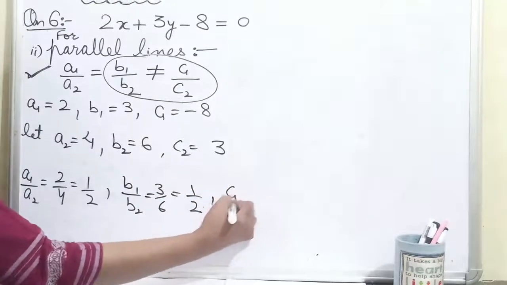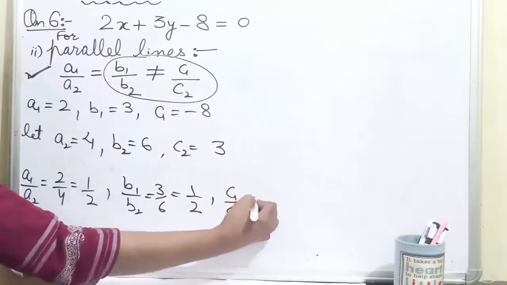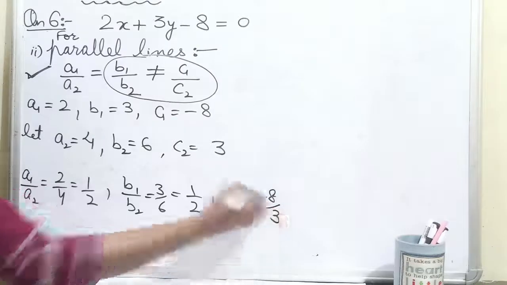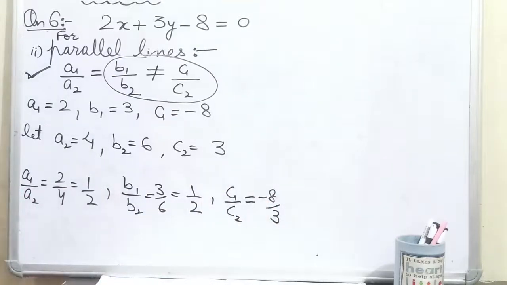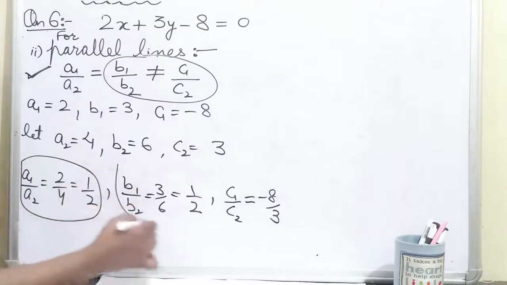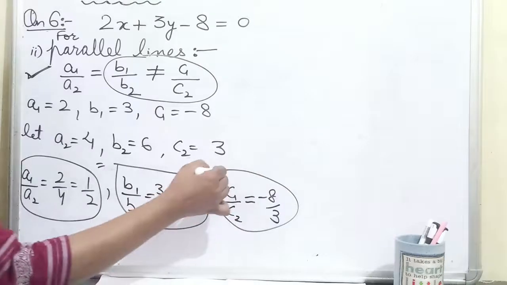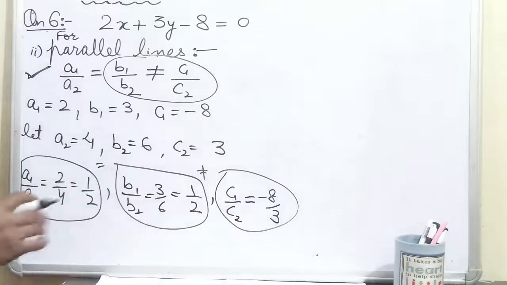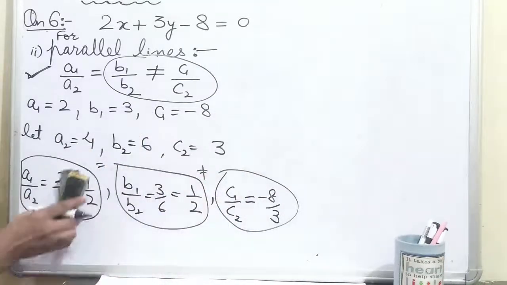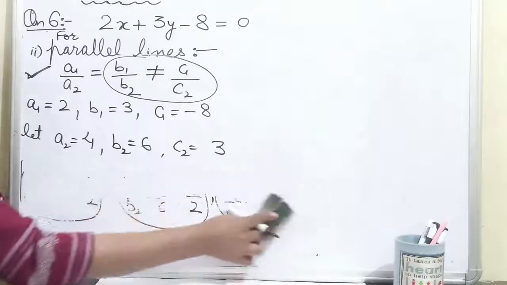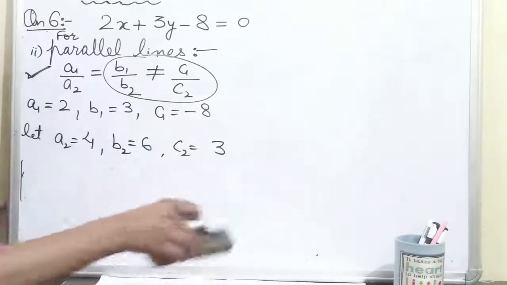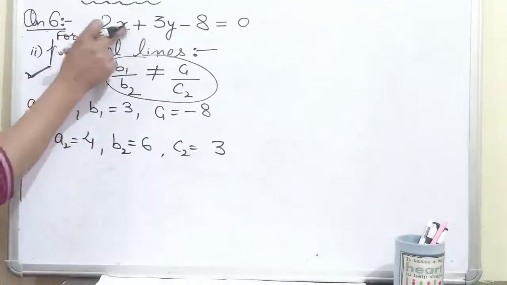So let us check that. C1 by C2 here is -8 by 3. And now we can easily see that the ratios A1 by A2 and B1 by B2 are equal, whereas C1 by C2 is not equal. So now we are able to write the equation of the line which gives us the line parallel to this equation.